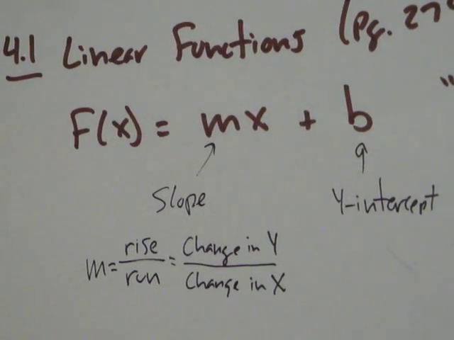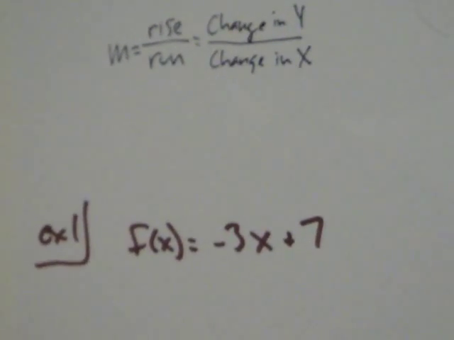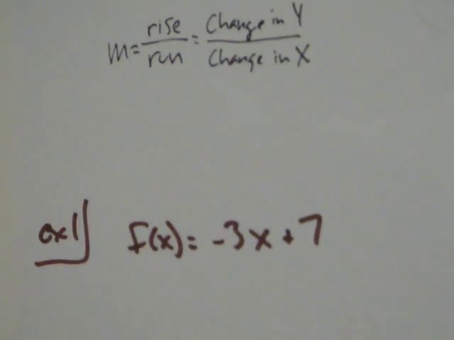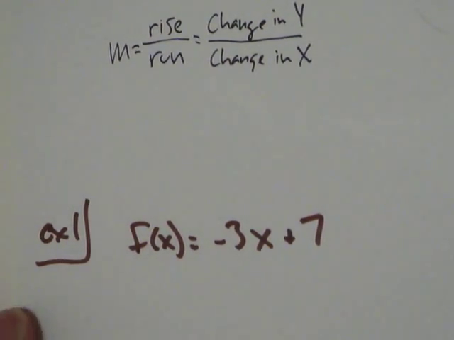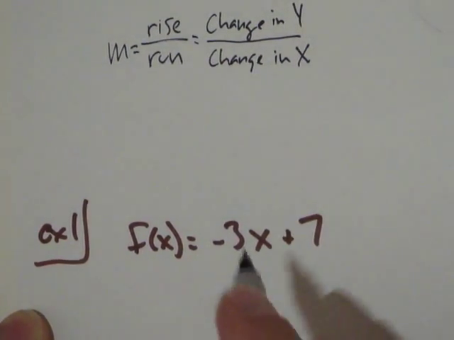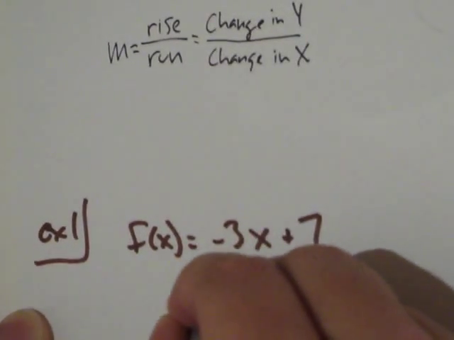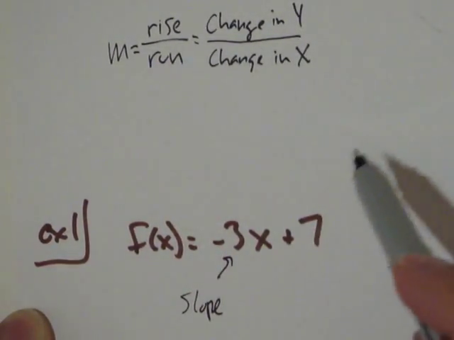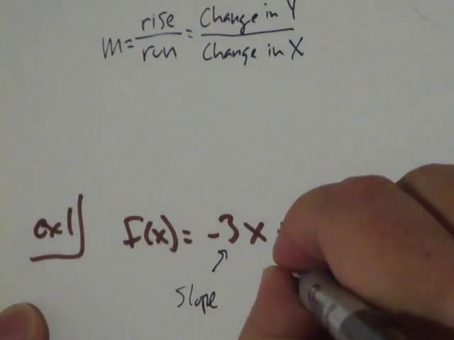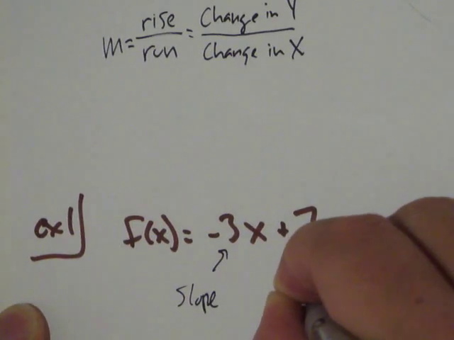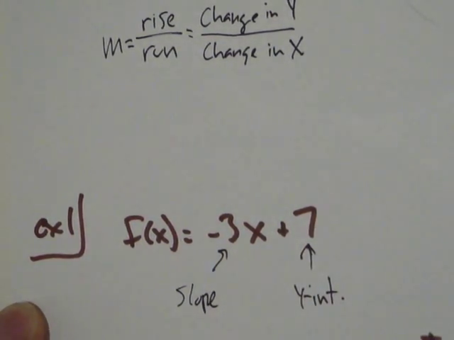Okay, so look at example number one. Example number one says here's the function f of x equals negative 3x plus 7, and we're asked to graph the function. The slope is negative 3, and our y-intercept is plus 7. What does that mean?